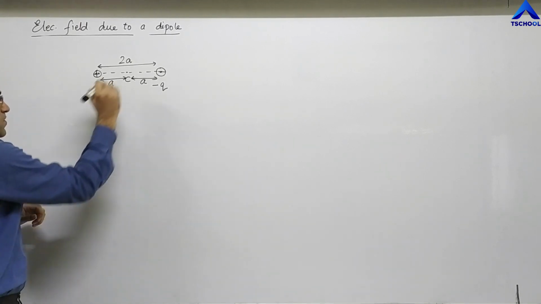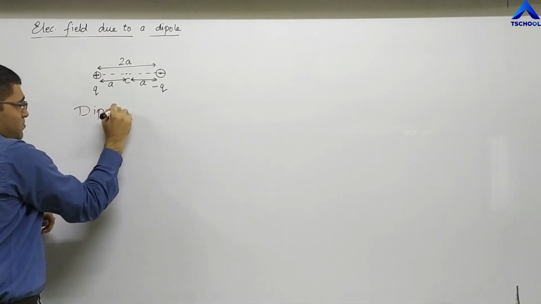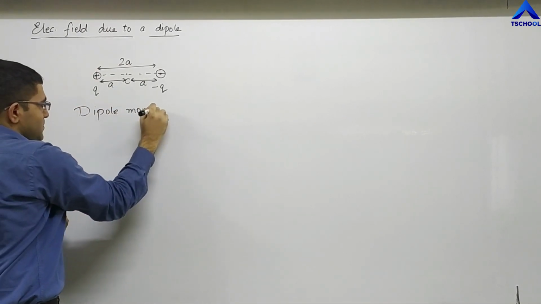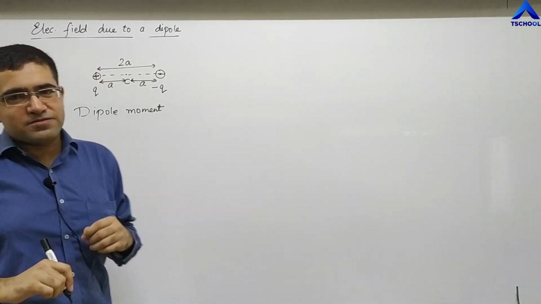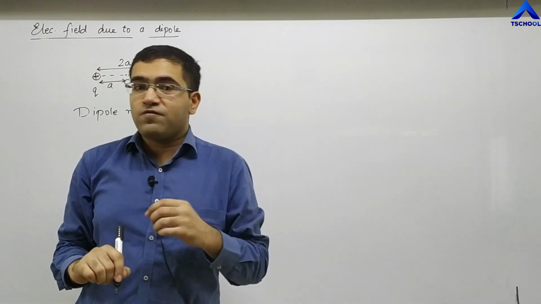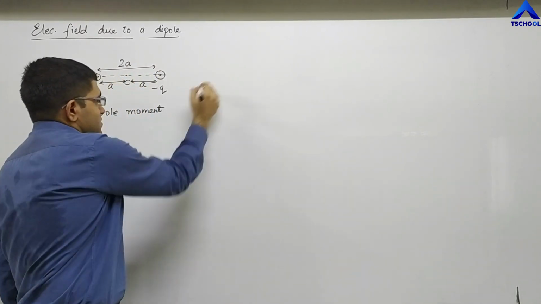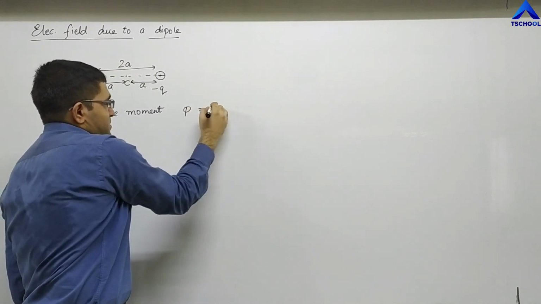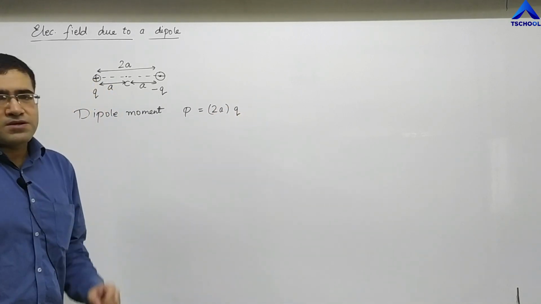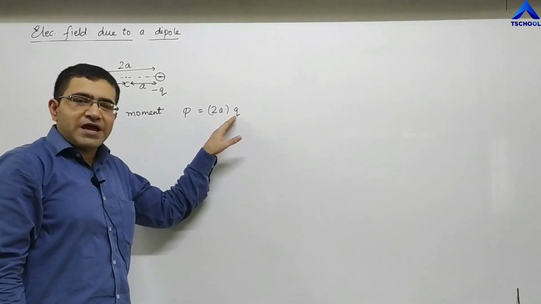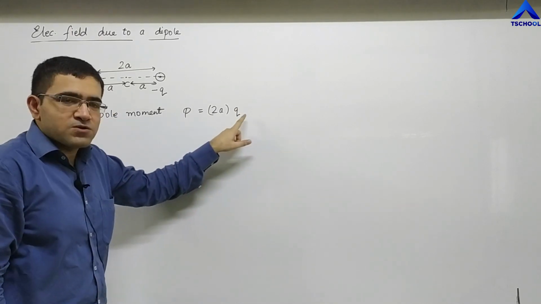Now, first of all, let's recall that there is something called dipole moment. And the last time I told you that the dipole moment of an electric dipole has a magnitude which is equal to the distance between the charges times the magnitude of the charge q. So we have p is 2a into q.